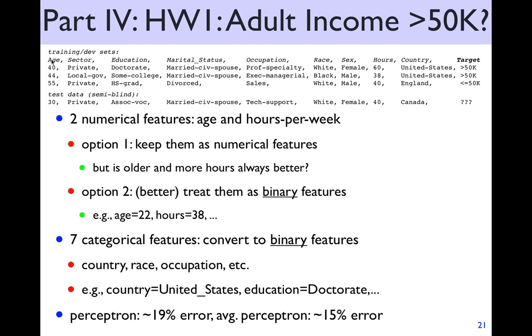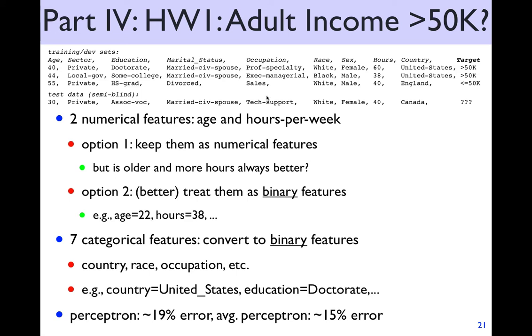Let's say age becomes whatever, 100 dimensions, sector becomes 10 dimensions, education becomes 10 dimensions, marital status, well, there's married, never married, divorced, widowed, separated, whatever, let's say 6 dimensions. Occupation maybe 10 dimensions, like maybe 20 dimensions.